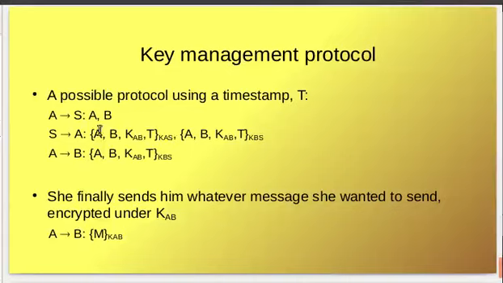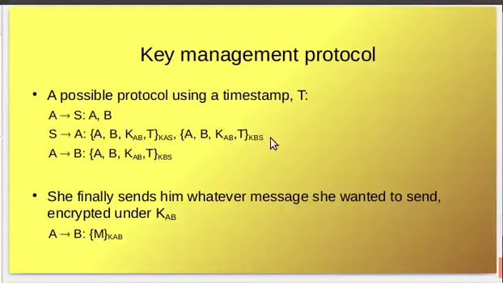So this is something that only Alice can decrypt. And then Sam also sends the same kind of thing in a message that's encrypted using a key that Sam shares with Bob. So they do have to exchange these keys first, KAS and KBS.